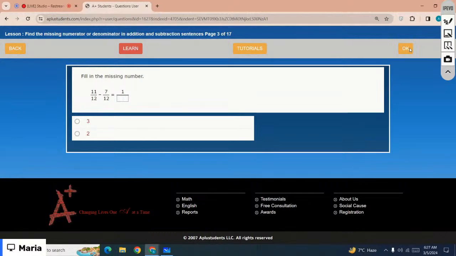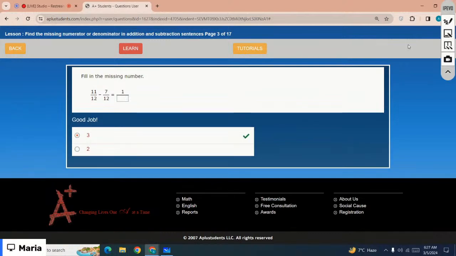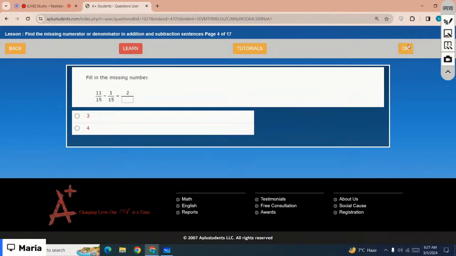The correct option is 1 over 3. The correct option is 3. Very good. Next, 11 over 15 minus 1 over 15. So which is the correct option?